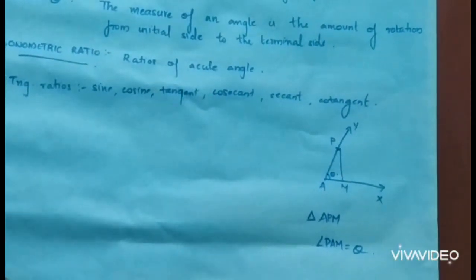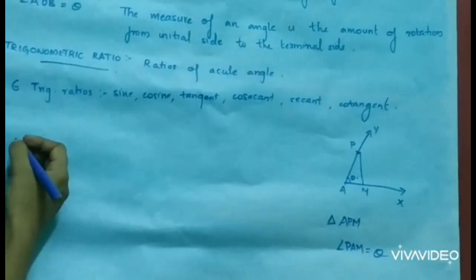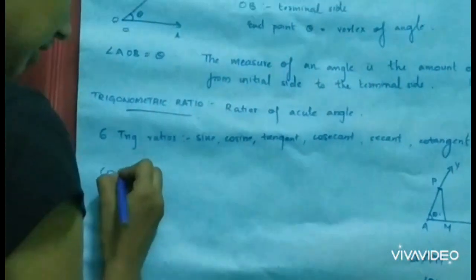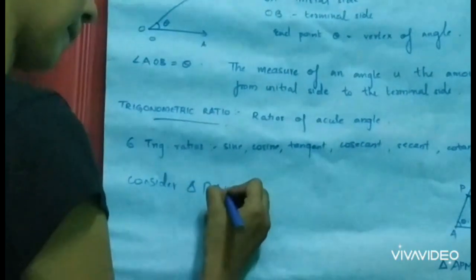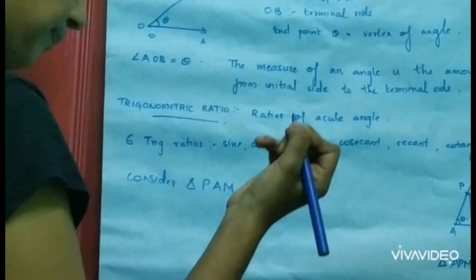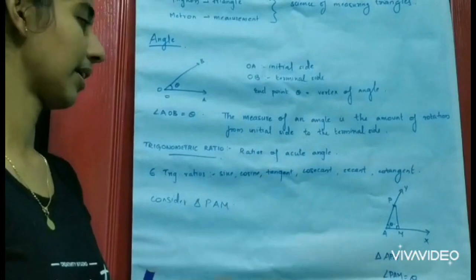Now let us consider triangle PAM and define the 6 trigonometric ratios.